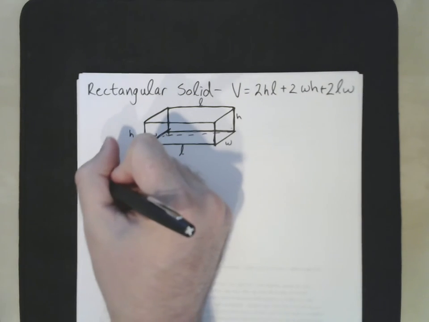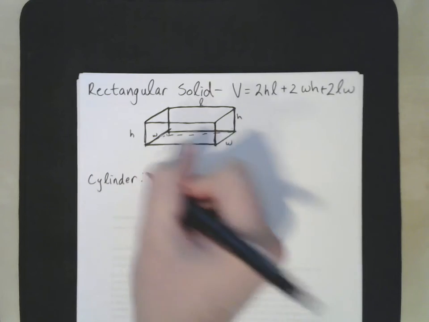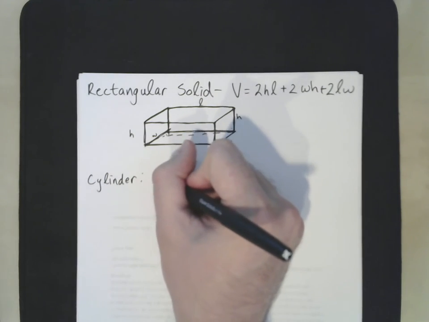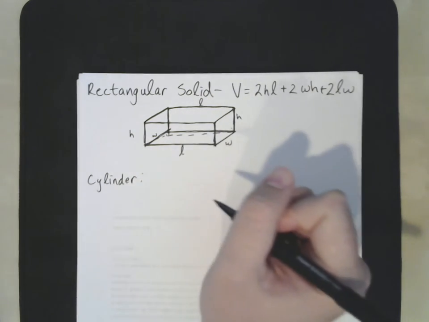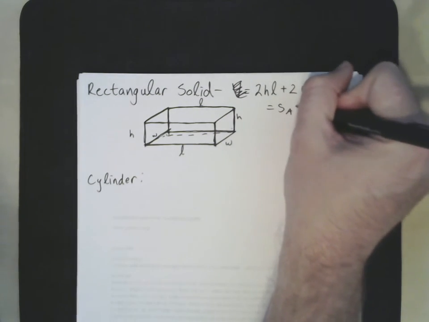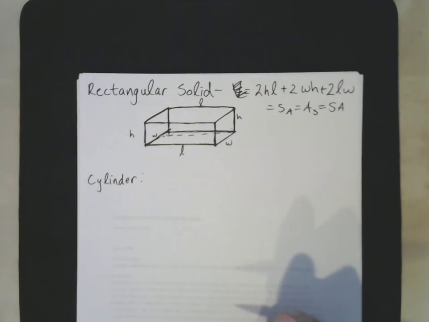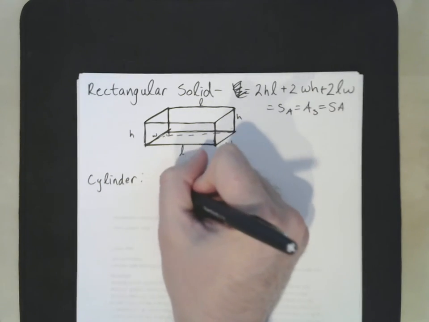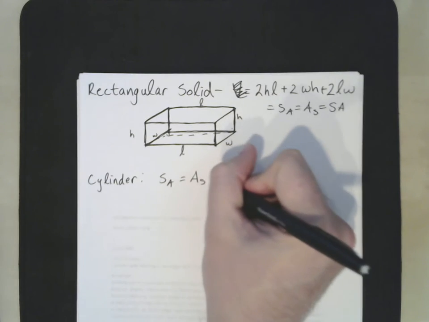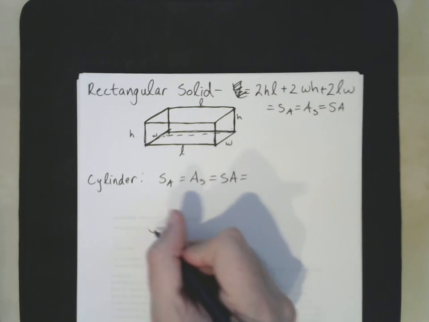And the last solid that we calculate surface areas for is the cylinder. Oh, I did volume. Bad me. This is surface area, or area sub S, or SA, for surface area of our cylinder.